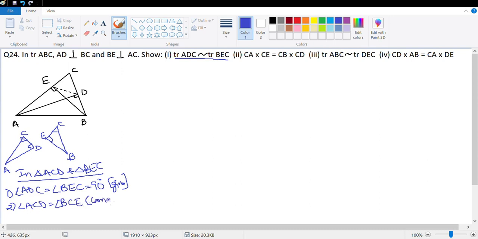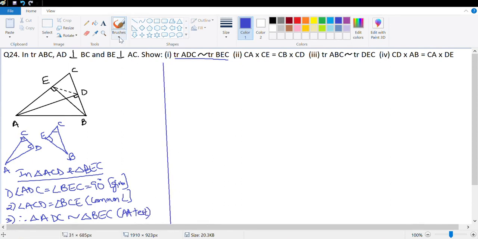This is common angle, which means therefore triangle ADC is similar to triangle BEC by AA test. So my first part of the question is done. Absolutely no problem. Very simple one. Let's look at the second part of the question.